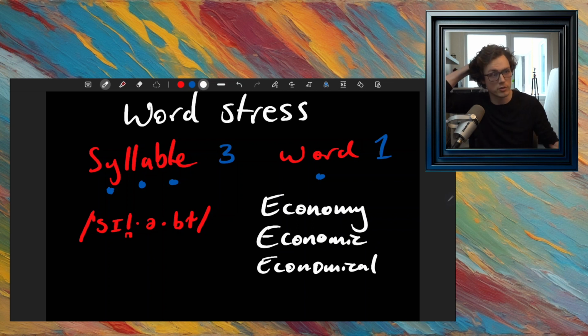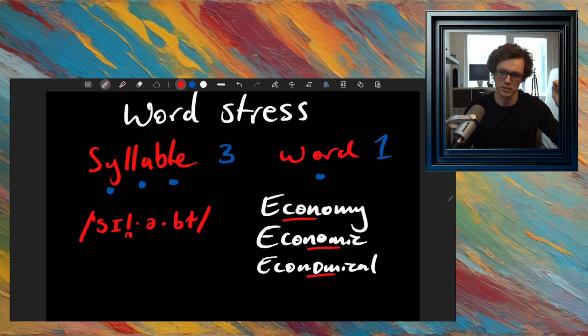So 3 different versions of the same word. Economy is like the thing. Economic becomes describing something. And then economical is another way of describing it. We just get totally different stress patterns.